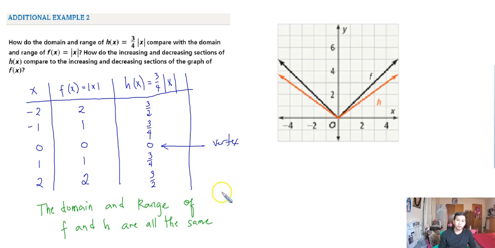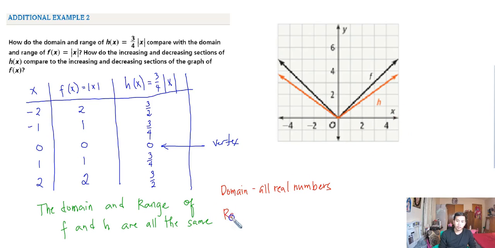If they are the same, what are the domains? The domain will be all real numbers, so it's the values of x.